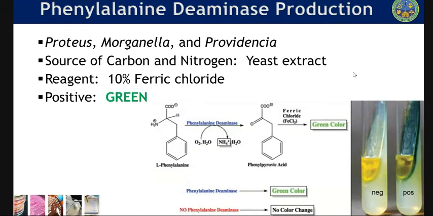So what you do is streak the slant preparation of your media, and after incubation you flood the slant with 10% ferric chloride, and if you have a green reaction or change in color in the slant area or on the colonies, then that would be positive for phenylalanine deamination.